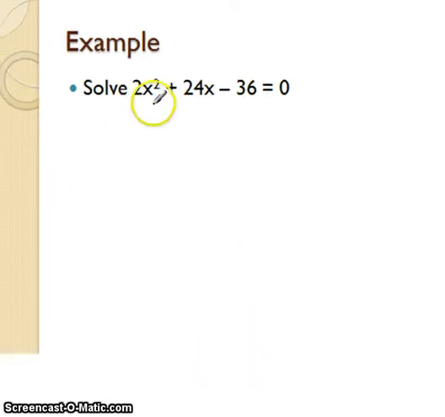But in this case, notice here a is equal to 2, b is 24, and then c is negative 36. You cannot complete the square if a is not equal to 1. So we're going to make a equal to 1 by dividing every single term by 2, which is an okay step to do. This will give me a quadratic equation with a leading coefficient of 1.